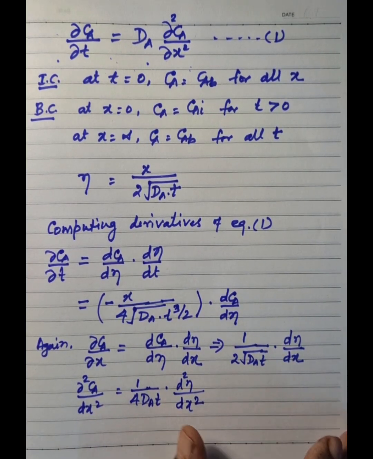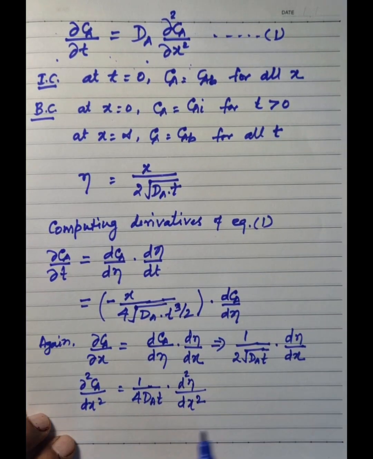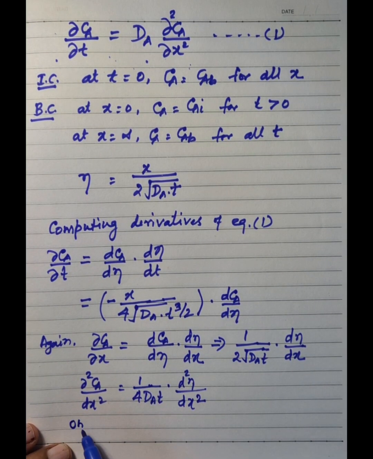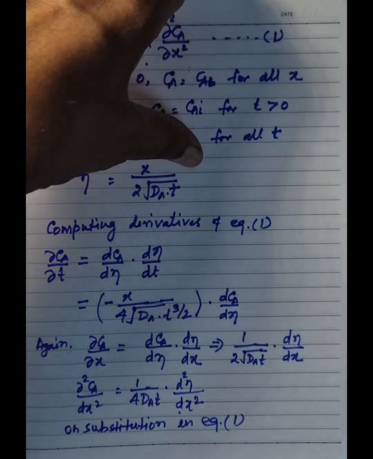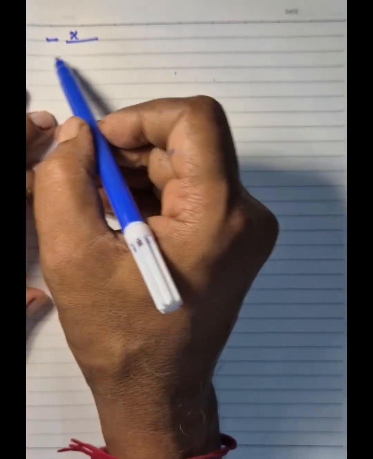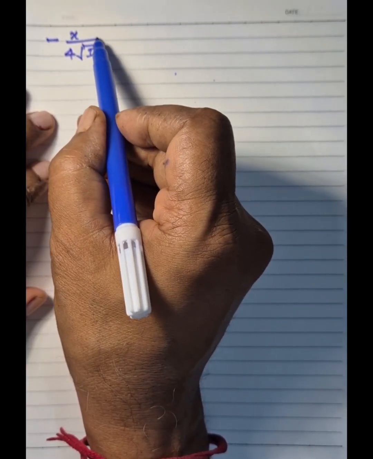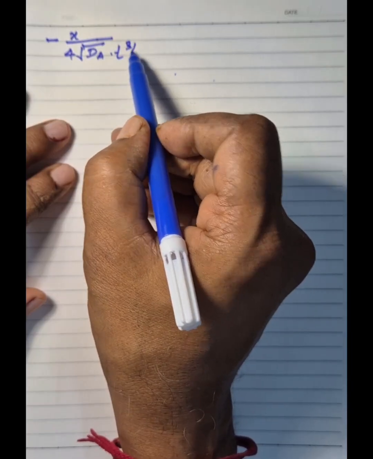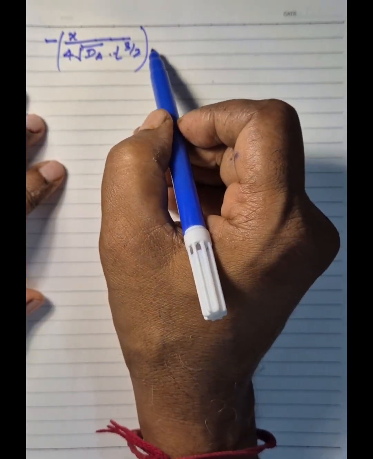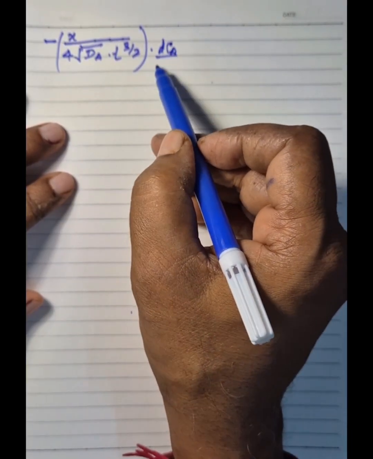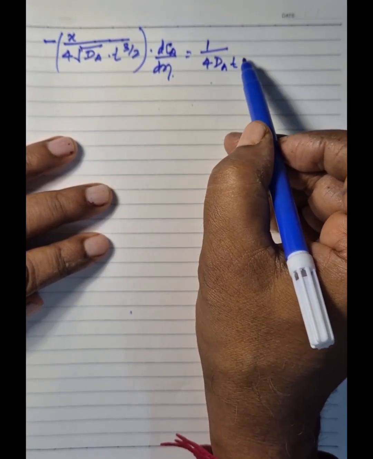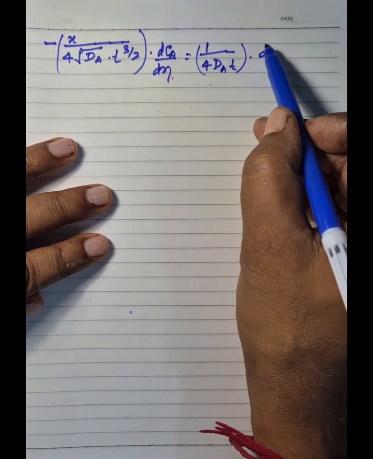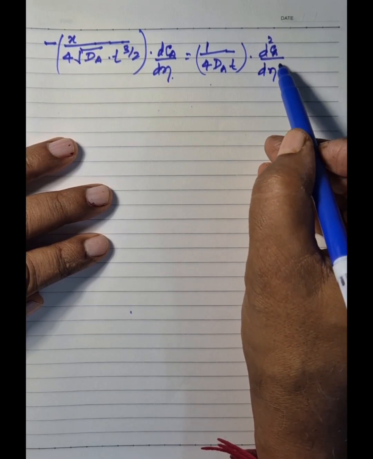Putting these values in equation 1, on substitution we get minus x divided by 4 square root of DA into t to the power 3 by 2 into dCA by d eta equal to 1 by 4 DA t into the second derivative.